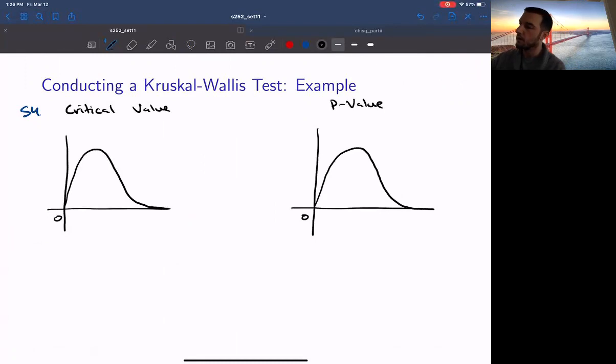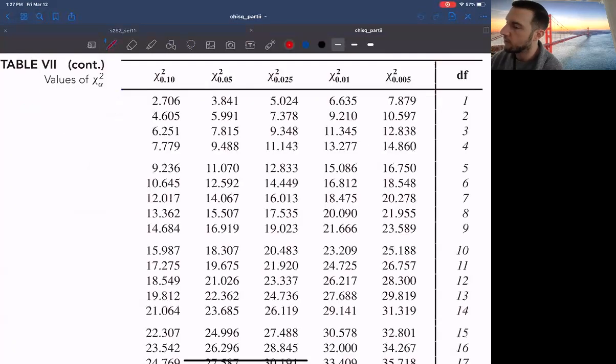Okay. All right, so our critical value is going to be a chi-square on 0.01 and 2, because the critical value is on the significance level and the number of groups minus 1. So we have 3 groups, so 3 minus 1 is equal to 2. Okay, so now we go to our chi-square table. We're going to match 0.01 to 2, and that gives us 9.210.